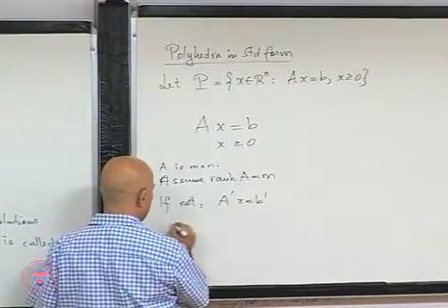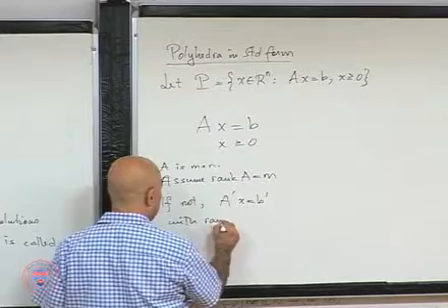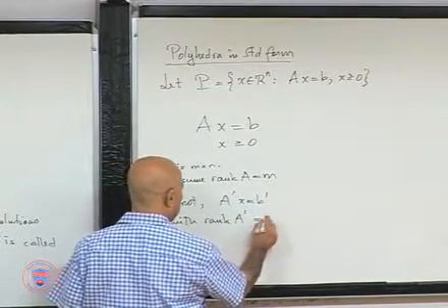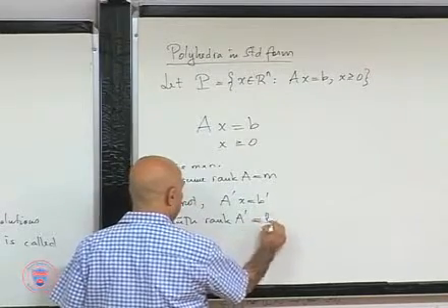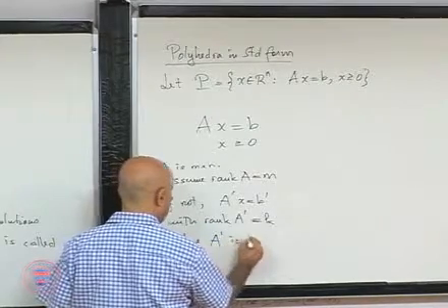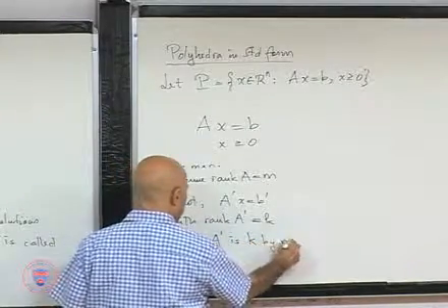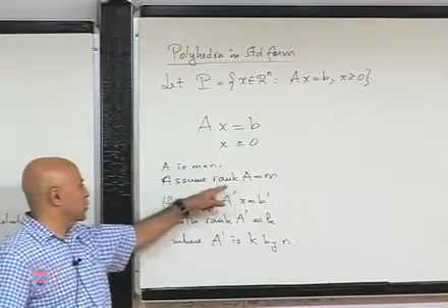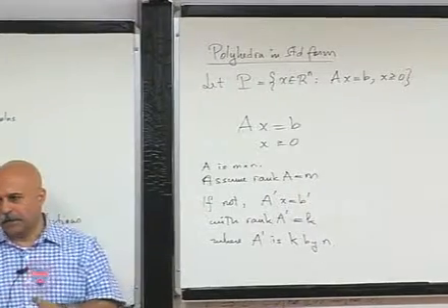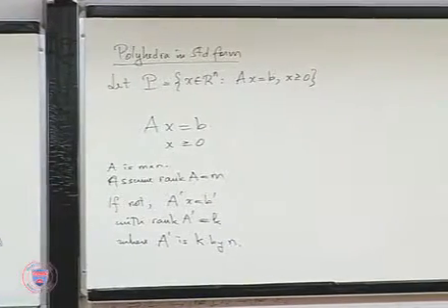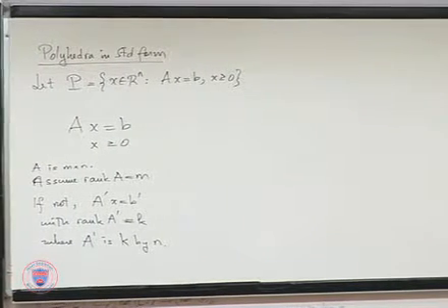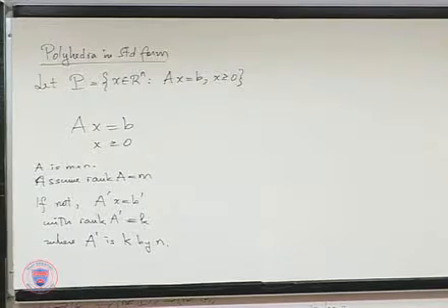We can get this with rank A prime being equal to, say, k, where A prime is now k by n. So you can always reduce your system to this form where the number of rows is the same as the rank of the matrix. You can do that by elementary row operations; it's always doable.